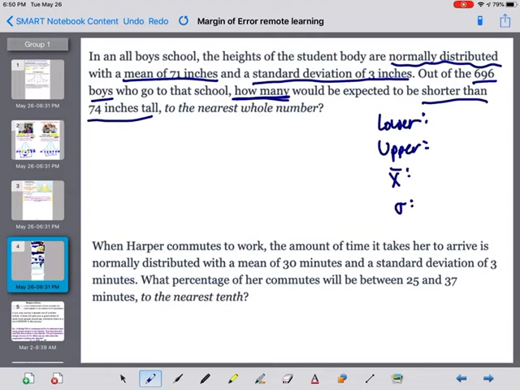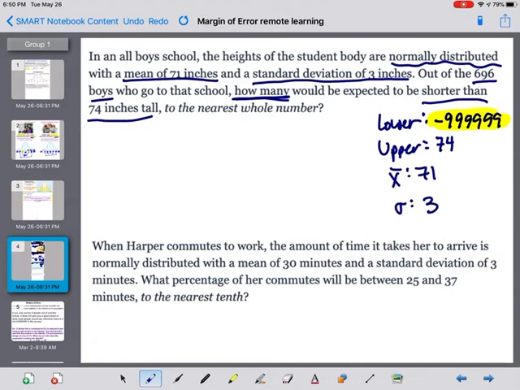So could they be 73, 72? They could be anything less than 74. So what we're going to write in is the smallest number, meaning you put negative and then you just put a bunch of nines. We always use 6 as a standard. So this is the smaller number. Then the upper is 74, because that's as high as we want to go. We don't want to go higher than that. The mean is 71, and the standard deviation is 3.